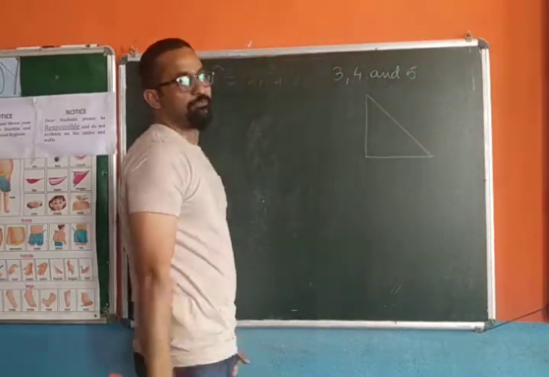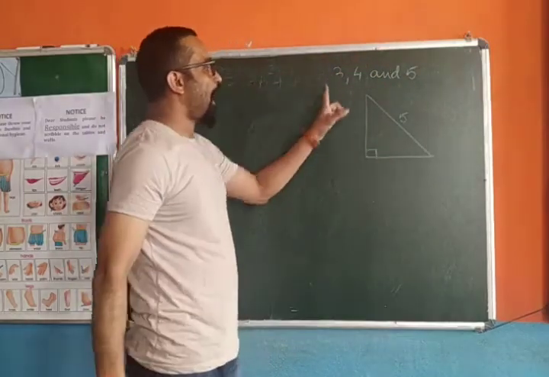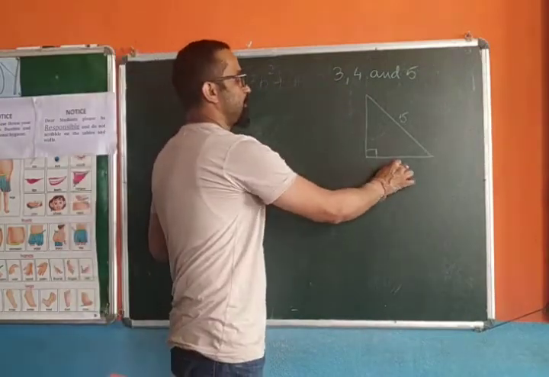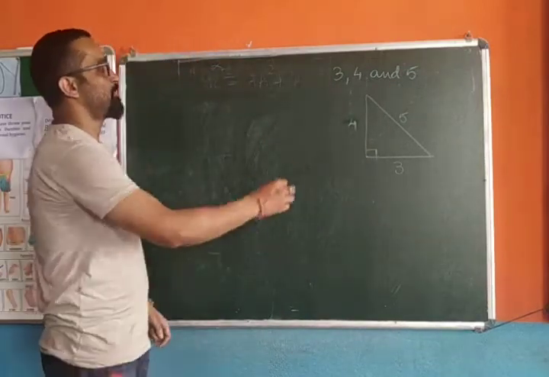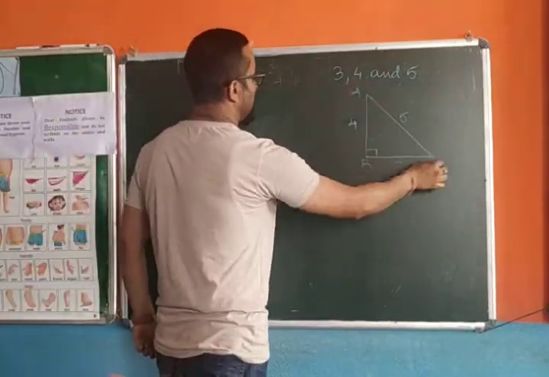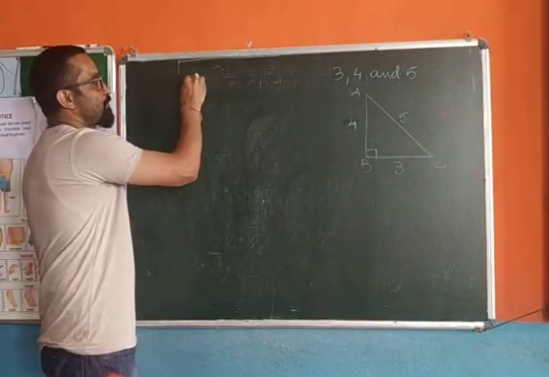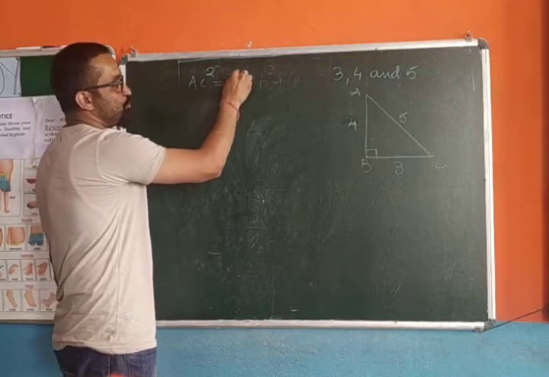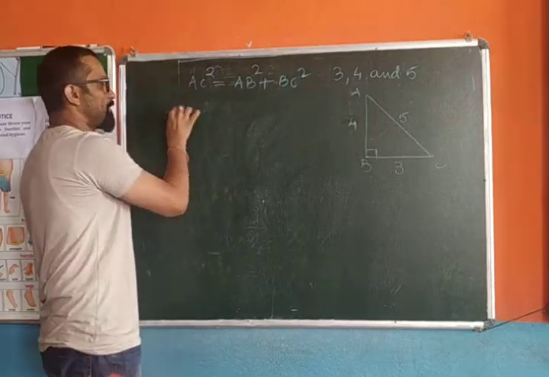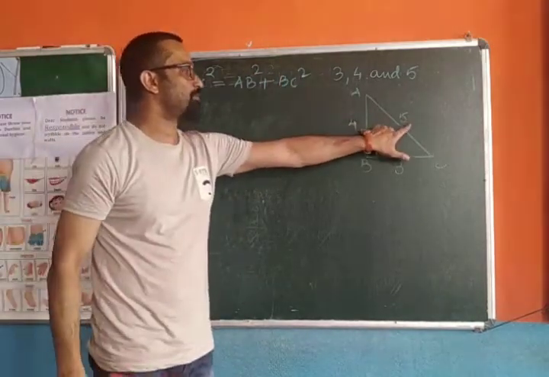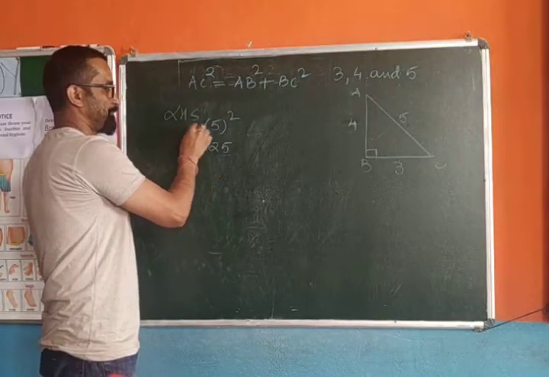The longest value is the hypotenuse, and the other values you can just write at the legs and verify it. Suppose you have ABC as a right angle triangle. By Pythagoras theorem, the square of the hypotenuse is equal to the sum of the squares of the other sides. On the left hand side, you have 5 square, which is equal to 25.